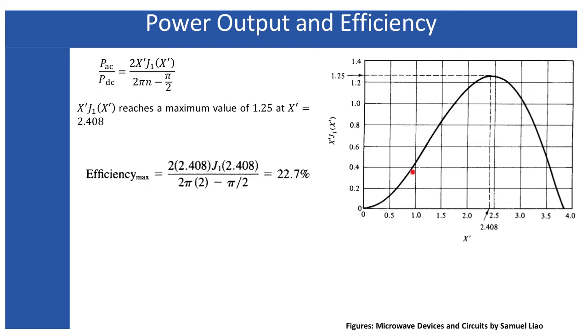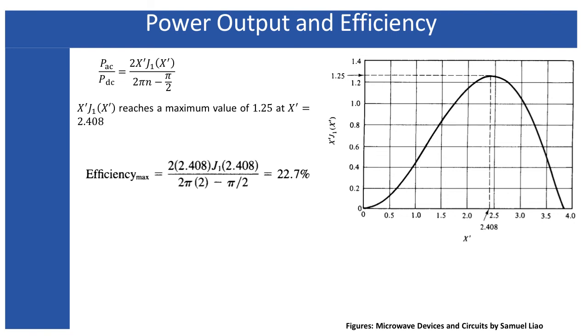Such a plot indicates the maximum value of this function. You can see the y-axis is x dash times J1 of x dash. The maximum value of this we can obtain for x dash equal to 2.408.